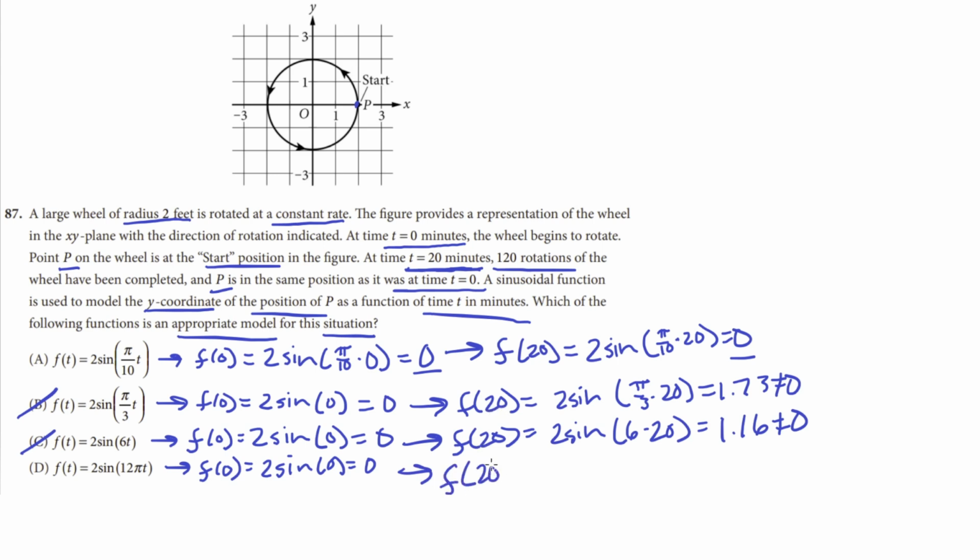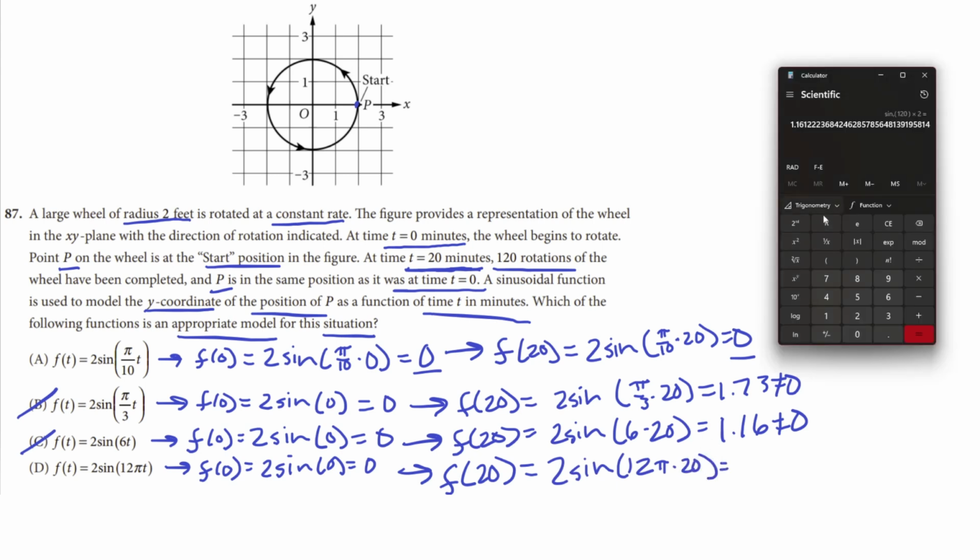Now what about the last function, D? So 2 times sine of 12 pi times 20. We need to do 12 times pi times 20. That gives us this. We take the sine of that, and that gives us 0. So multiplying by 2 will still give us 0.